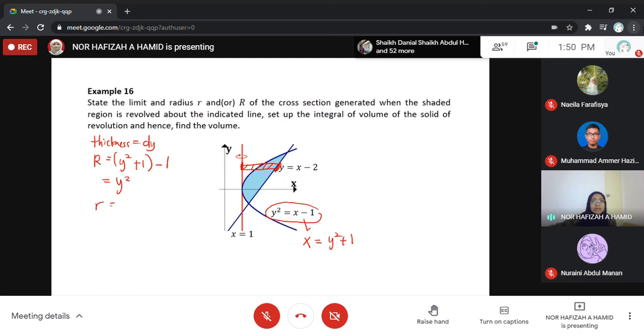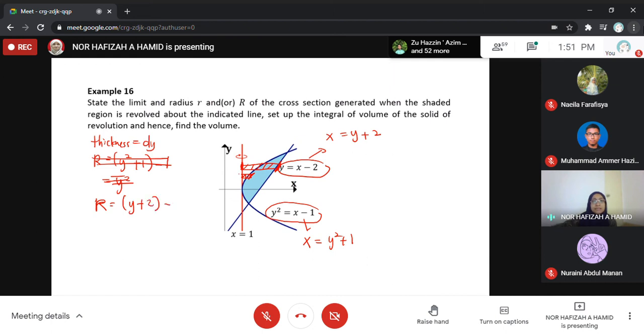And for inner radius, yang ni, the radius you. So inner radius, you punya right function, sorry. So ini right dia function ni, straight line ni. So kita ada x is equal to y plus 2. So ni you punya outer radius. So ni outer radius, tadi outer radius you daripada straight line ni, y plus 2.